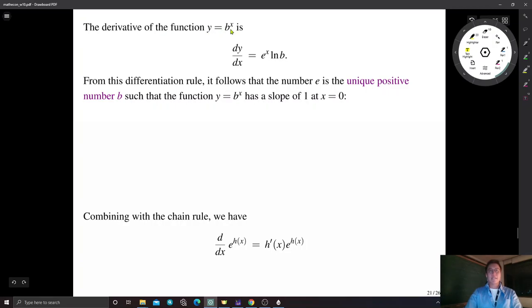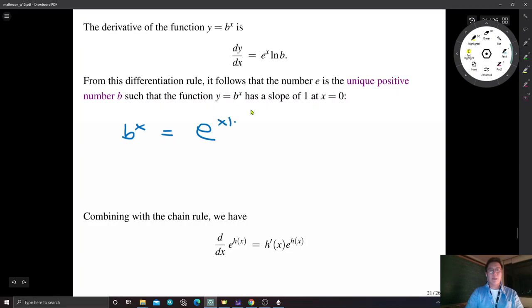When the base is given by some constant b, the way to find the derivative is, remember, we can convert b to the power x to the natural exponential function. So b to the power x is equal to e to the power x ln b.